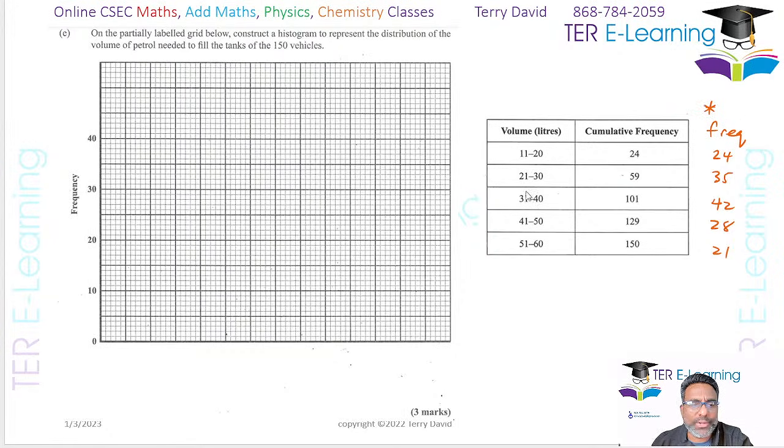Now, your smallest volume is 11, and you're going up to 60. So we need to select a scale that is most suited for the data that we have here. What I would do in this case is probably go 10, 20, 30, 40, 50, and 60. Now you're drawing what they call a histogram here.